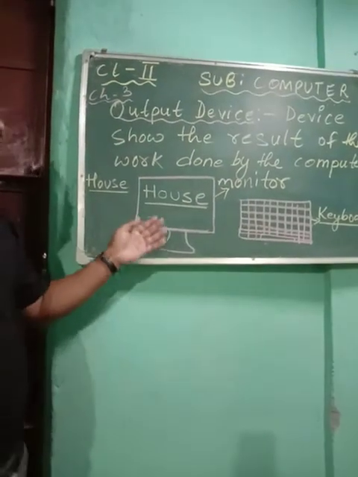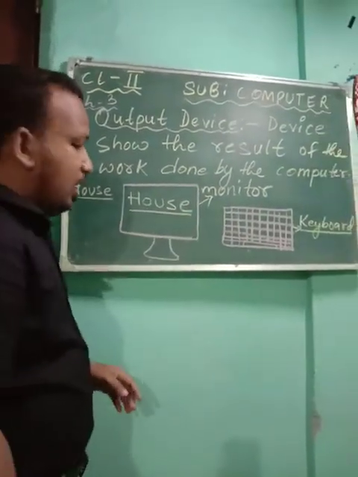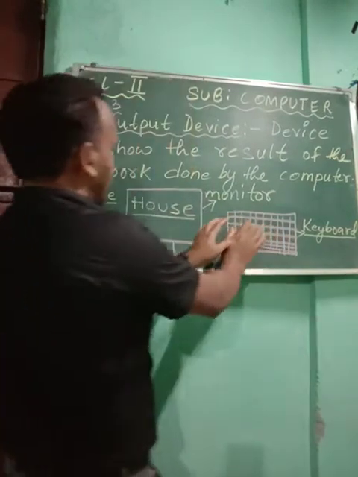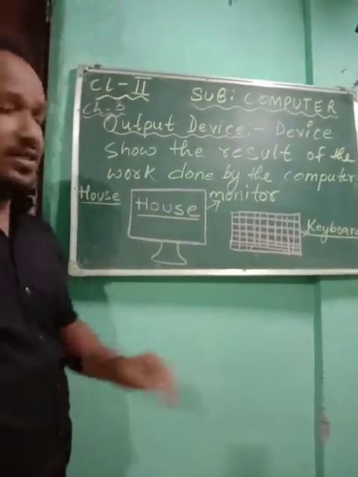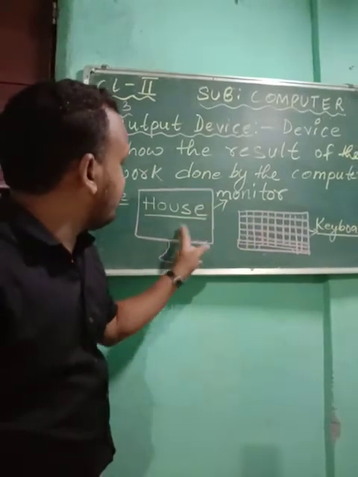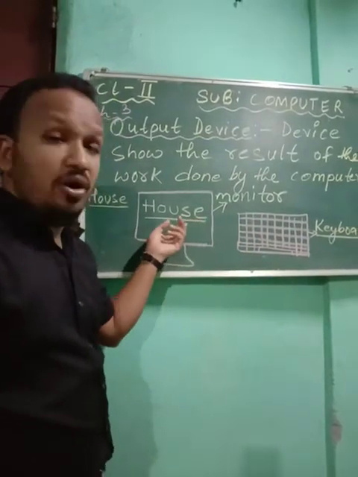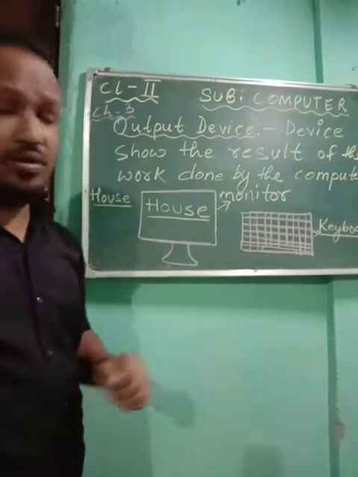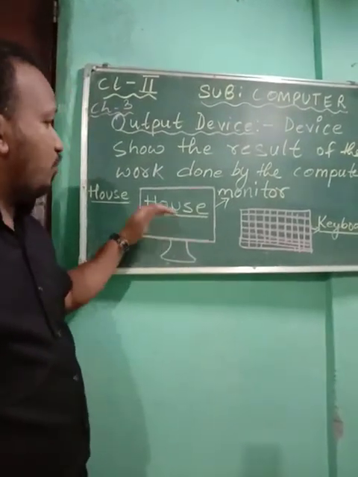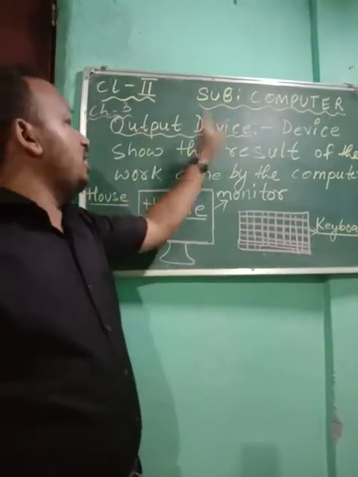You all know. When we are typing, suppose you are typing HOUSE, where can you see the result? You can see the result on the monitor screen. This is the result given by the computer. So this part of the computer is called your output device.